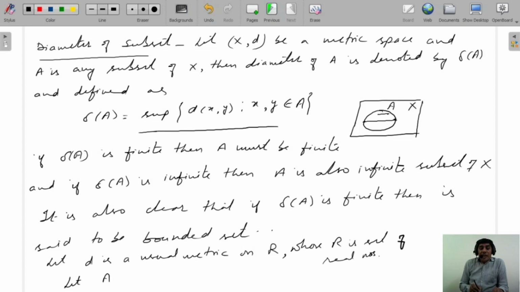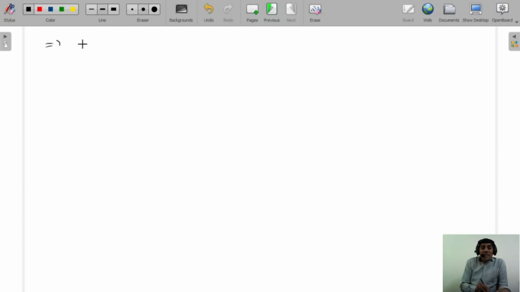Let capital A is equal to {1, 3}, then diameter of A is equal to supremum of d(x,y) such that x, y belongs to capital A. This implies diameter of A is equal to modulus of 3 minus 1 is equal to 2.